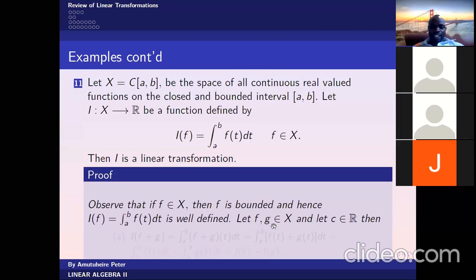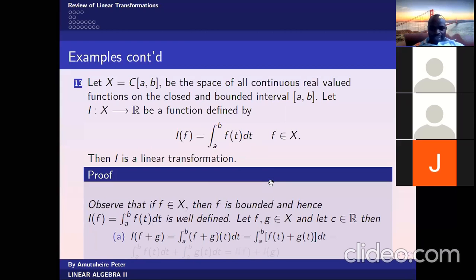So we let f and g be two functions, and c be a scalar. To check property A, we need to work out I of f plus g. From the definition of I, it is the integral from a up to b of (f plus g)(t) dt. I'm using this definition of I.